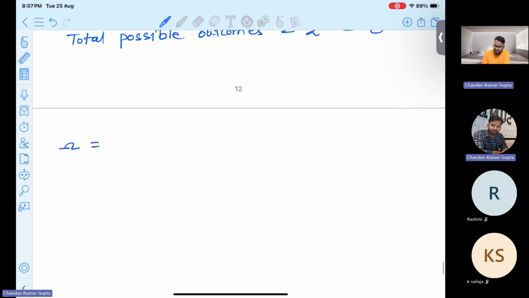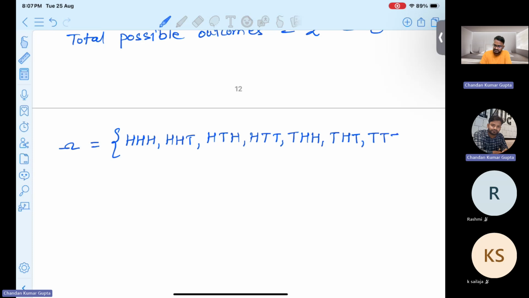So our sample space will be like this: head head head, head head tail, head tail head, head tail tail, tail head head, tail head tail, tail tail head, and at last tail tail tail. These are the 8 possible observations.